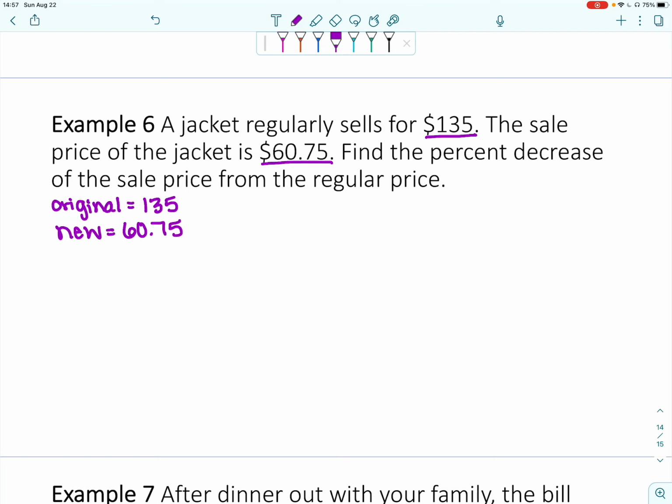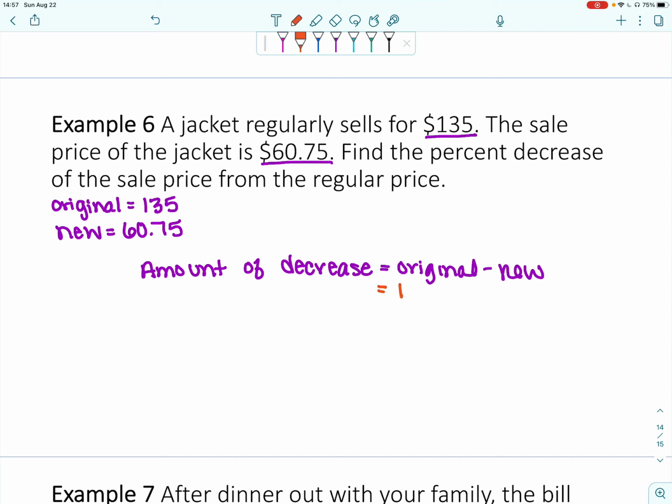So to find the amount of the decrease for the first part of this, I'm going to take the original price and I'm going to subtract the new price. I'm going to do this in a different color.